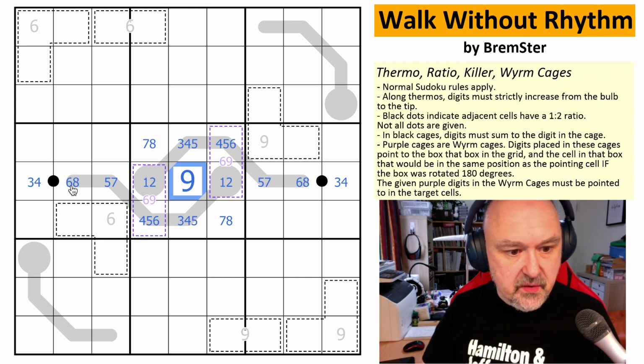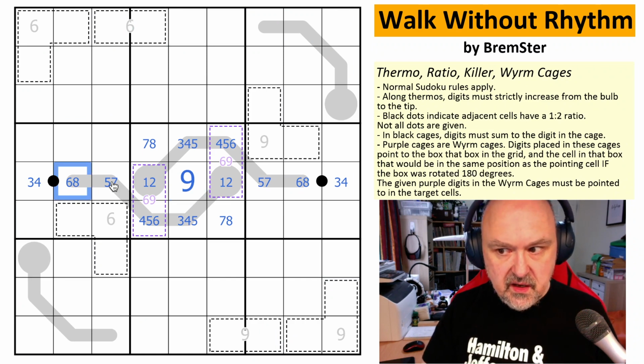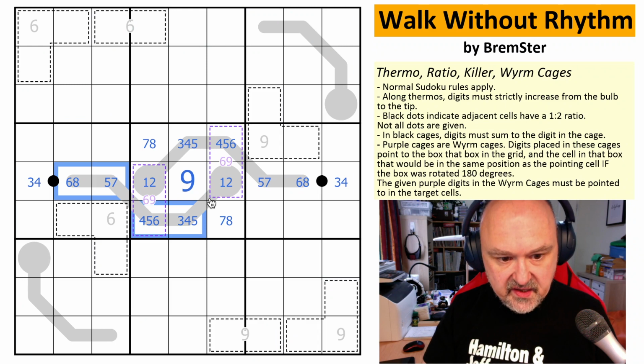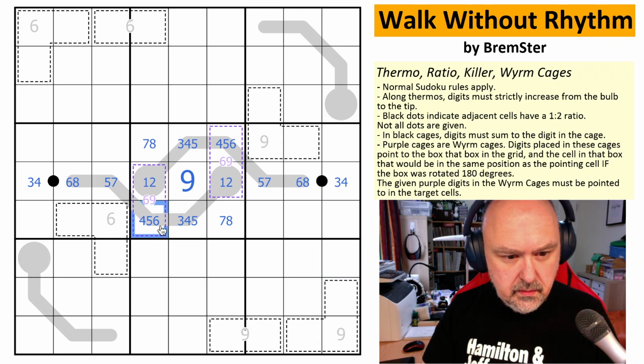So one of these is going to be 8, or one of these is going to be 6, which will have to take it to 5, which will have to take it to 4, which will have to take it to 3, but it can then go down to anything. So one of these is going to be a 4, 3. Three, 4, 5, 6. One of these is going to be 3, 4, so the other one is going to have to be 5, 6.